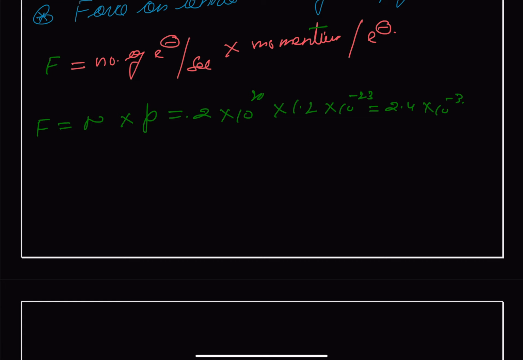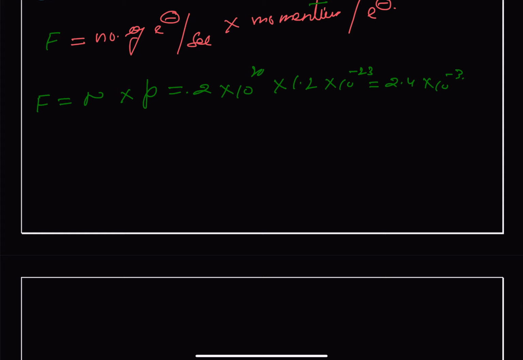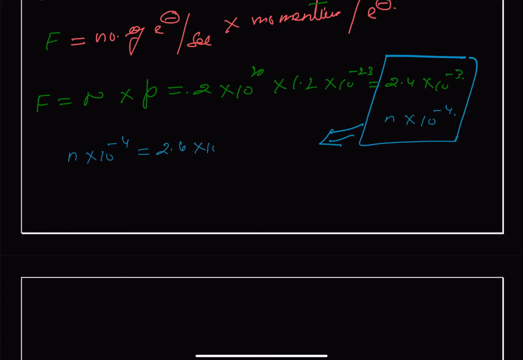And the given formula for force is n into 10 to the power minus 4. So based on this, we can say that n into 10 to the power minus 4 is equal to 2.4 into 10 to the power minus 3.